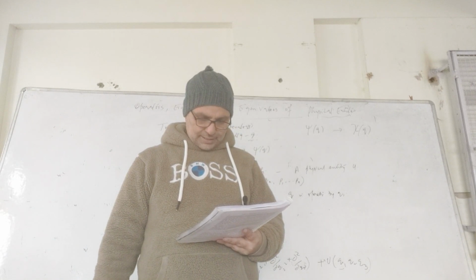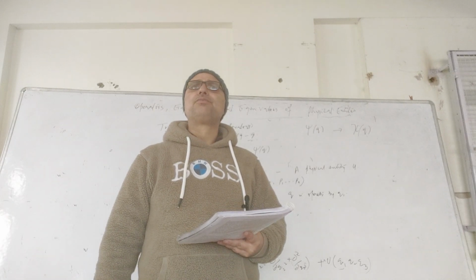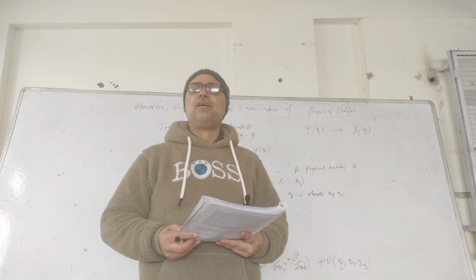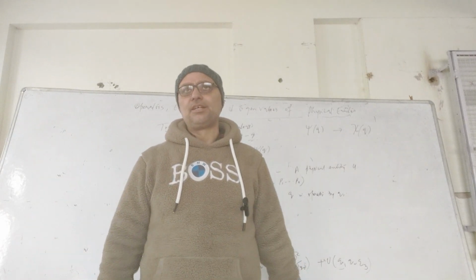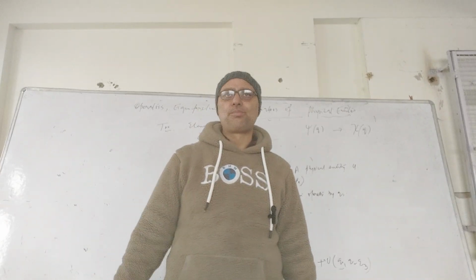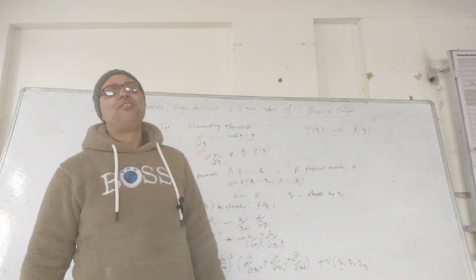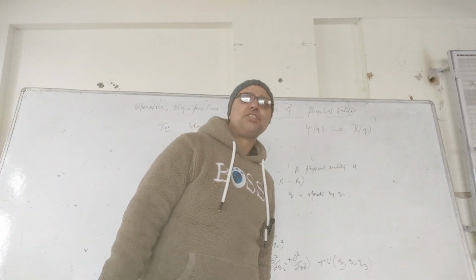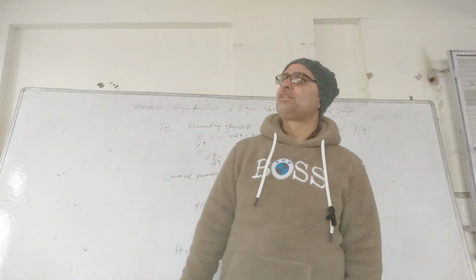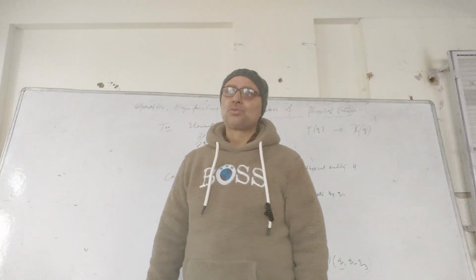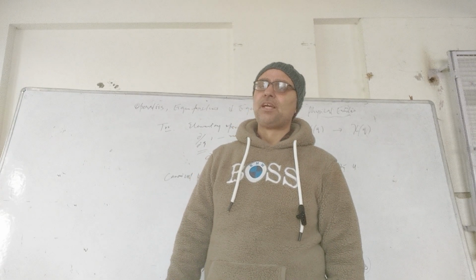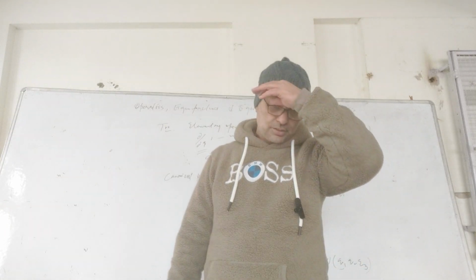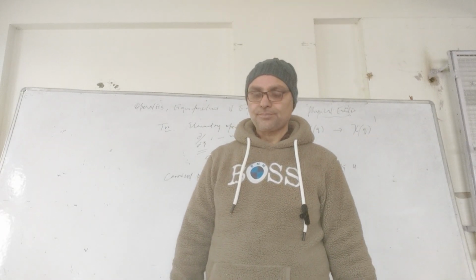So the question is, if there are two or more eigenfunctions, and we change the order of the operators in a given chain, will it say anything fundamentally different? It turns out in quantum physics, not in classical physics, that two operators may or may not commute for a given eigenfunction.